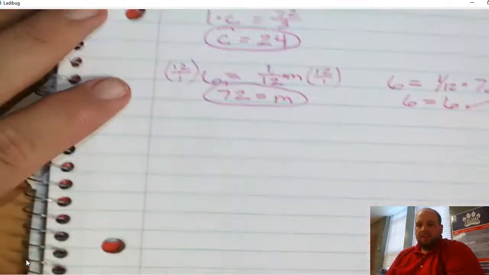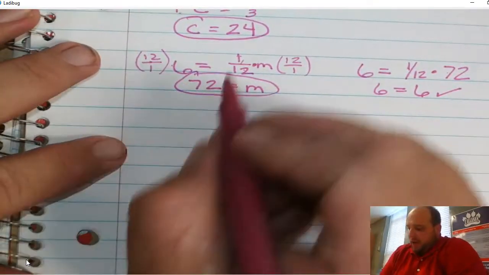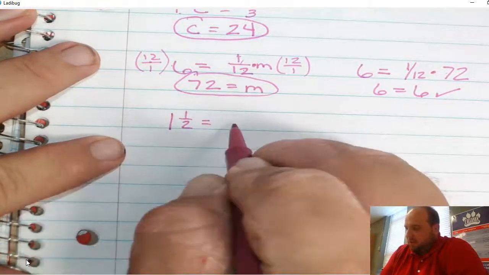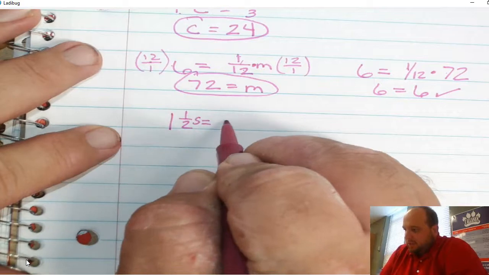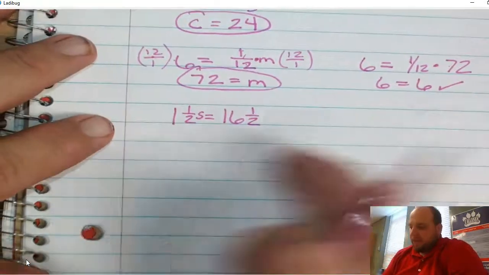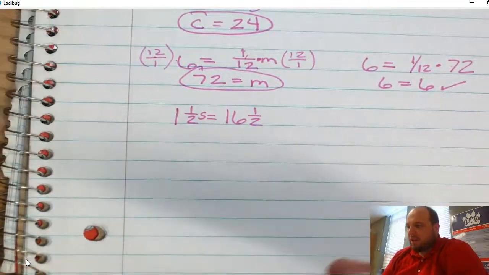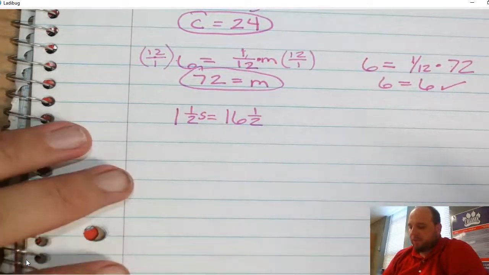Okay, now that I've just learned how to do that, I have one more example I want to show you. We're going to have 1 and 1/2 s equals 16 and 1/2. In this case, I'm using mixed numbers. Anytime we're using a mixed number, we want to change it into an improper fraction.